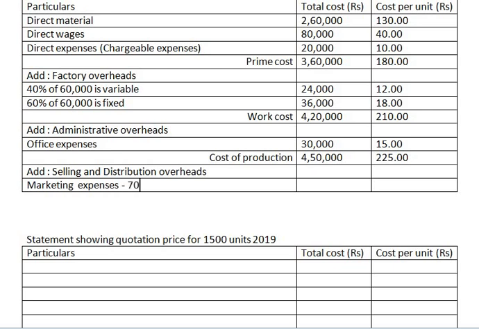So 70% of 30,000 is fixed, and the amount is 21,000. 21,000 divided by 2,000 is 10.50.